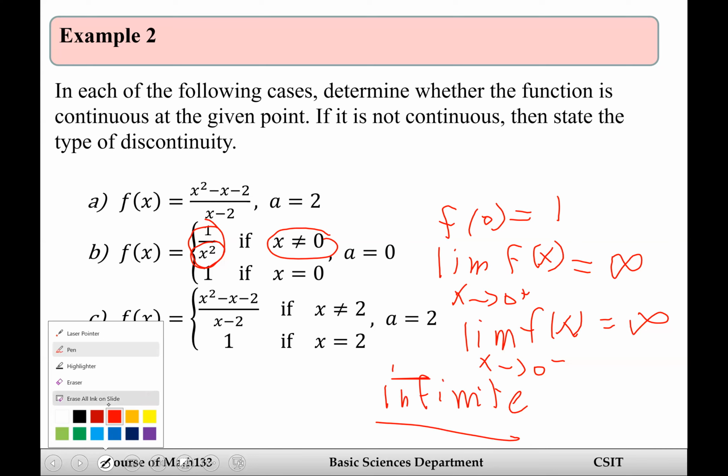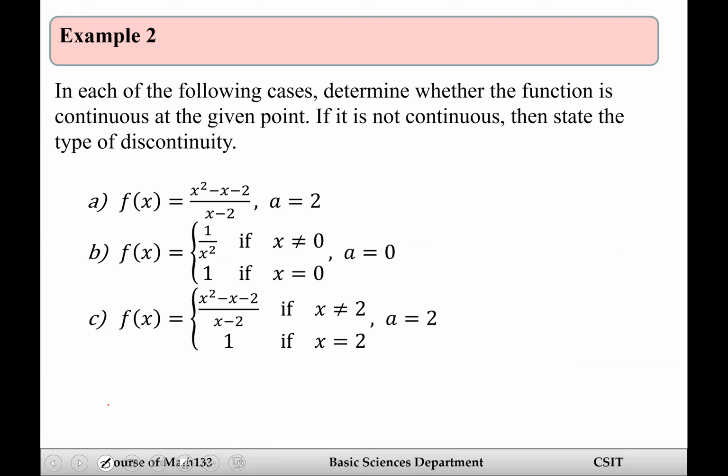The third one, again here f of 2 is defined, so it is equal to 1, okay? But we need to compute the limit to the right and limit to the left of f of x. x approaches 2 plus, for example.